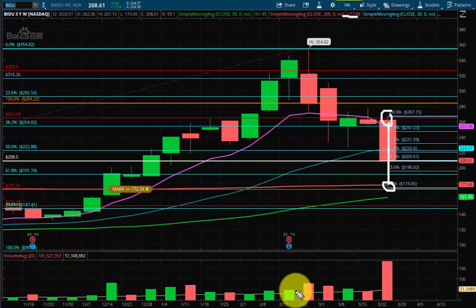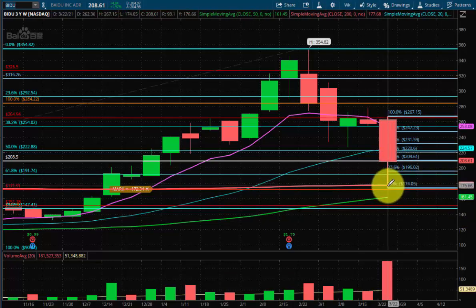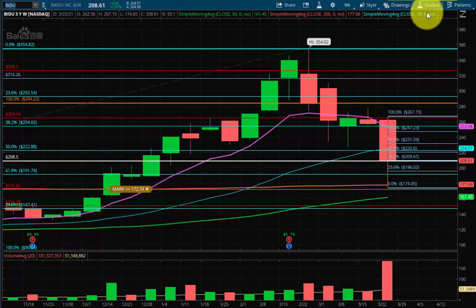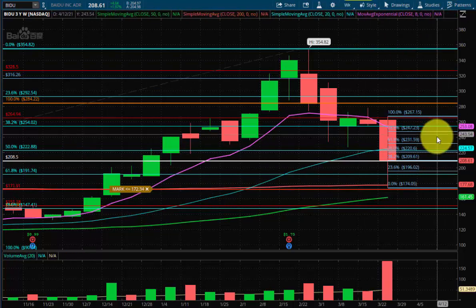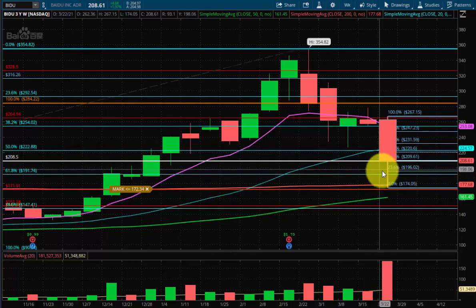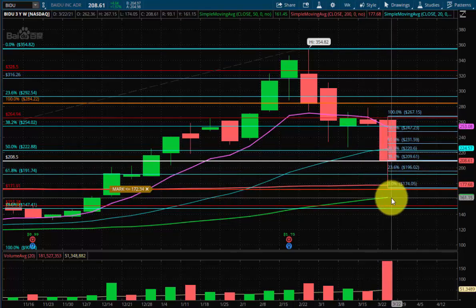That gives us some targets overhead, but interestingly enough, Baidu came down to a key moving average. It's the 200 weekly SMA on the weekly time frame, but it barely missed the 200 daily SMA, which was really tricky, and it rebounded off that area really aggressively.